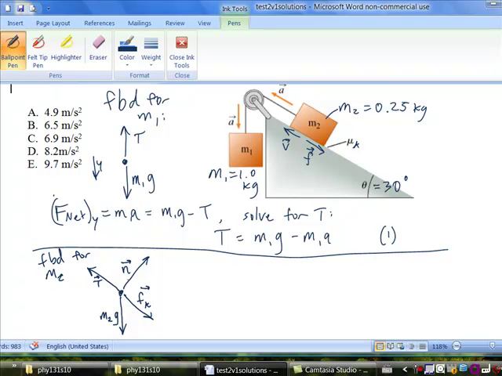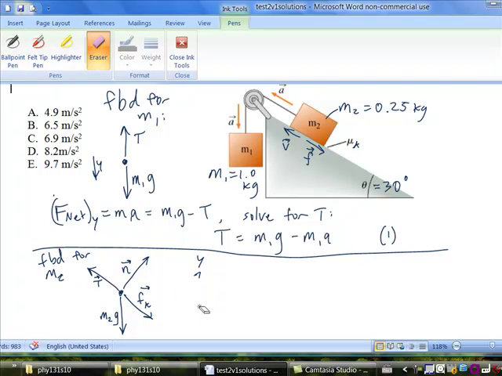So 3 of these forces are either parallel or perpendicular to the plane, and only gravity is the odd one out. So what I'm going to do is set my y-axis to be away from the plane and the x-axis to be along it. And in fact, actually, I want to change that.